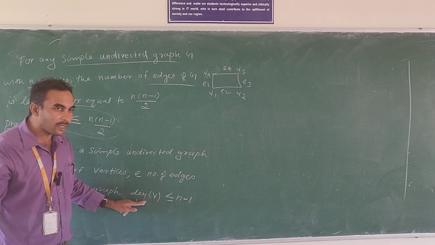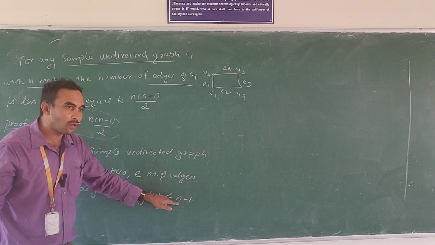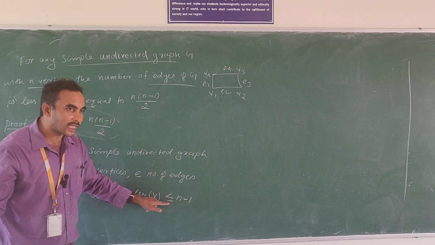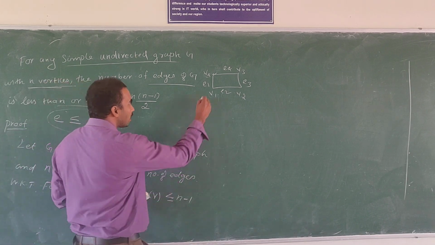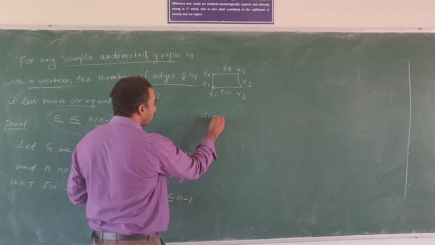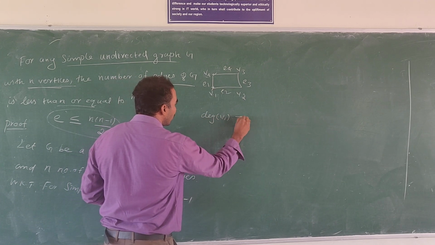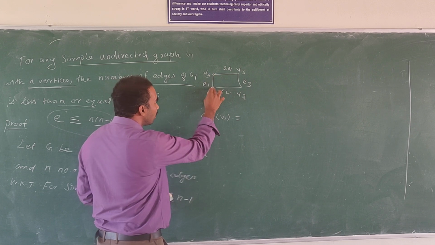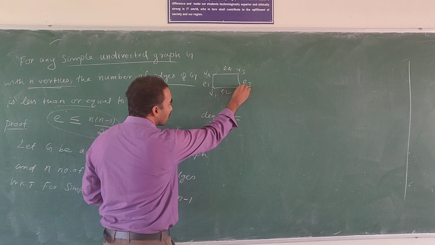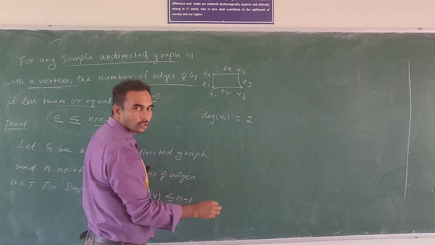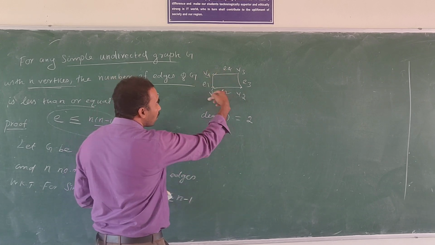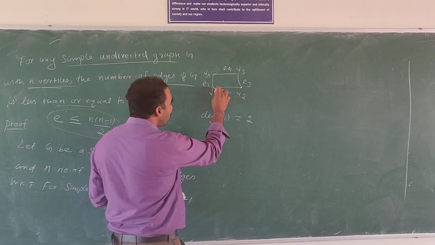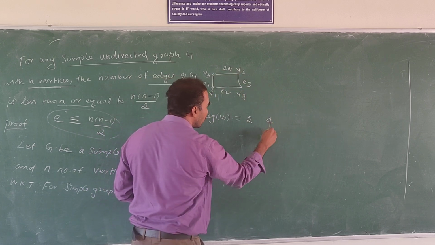So degree should be equal to n minus 1 or less than n minus 1. Consider what is the degree of V1. Adjacent vertices: 1, 2. Two adjacent vertices are there, so 2. What is the total number of vertices? 1, 2, 3, 4. 4.